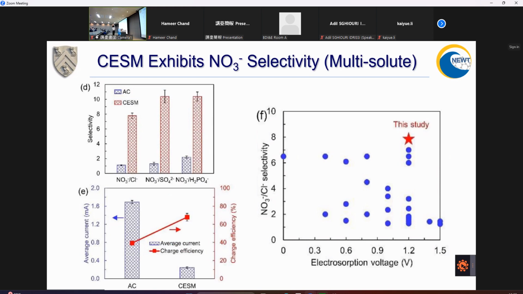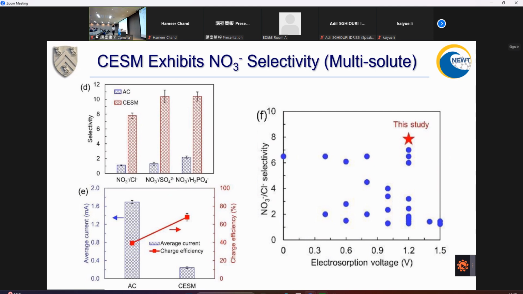If you look at the selectivity relative to each competing anion, here is nitrate versus chloride, nitrate versus sulfate, and nitrate versus phosphate. Without exception, the carbonized axial membrane has much higher selectivity for nitrate compared to these others.